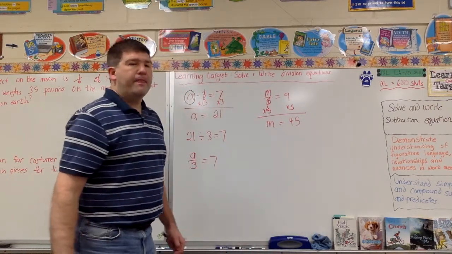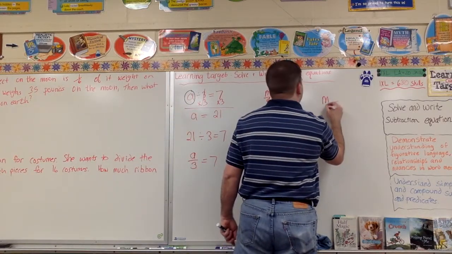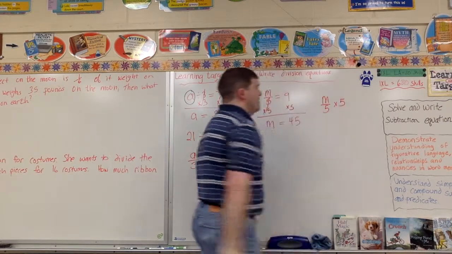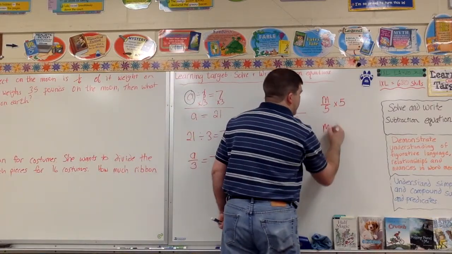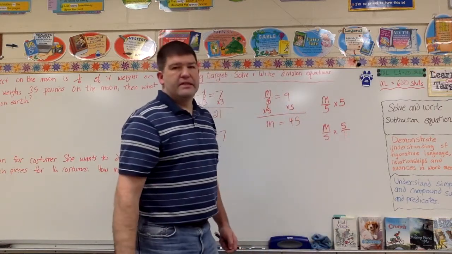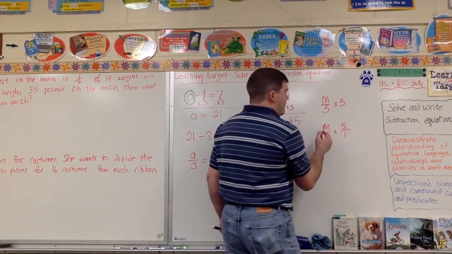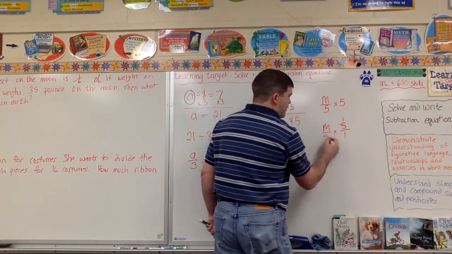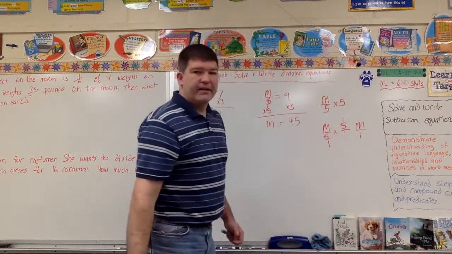Okay. And I want to show you how these cancel each other out. So m times 5, I want to get this into a fraction, so it's m times 5 over 1. So this is the same as this. Now, I can cross reduce, that becomes a 1, that becomes a 1. Then I have m over 1, okay?